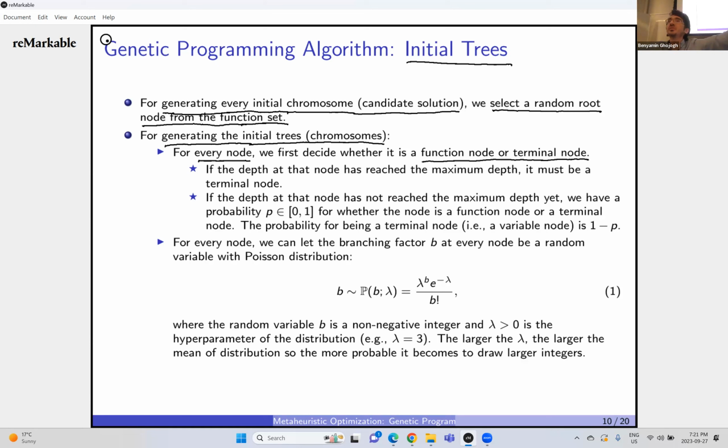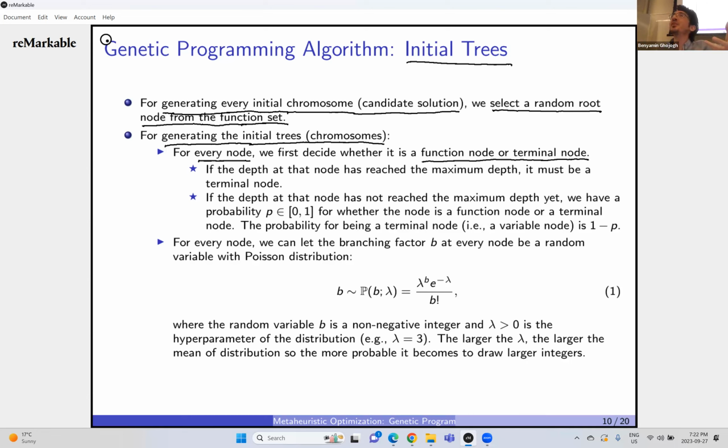So I'm growing the tree. At every stage of the tree, I can randomly decide whether I terminate that part of the tree there and let it be a variable node, or I want to continue and let it be an operator node. And I can decide it randomly because this is random initialization of the candidate solution.